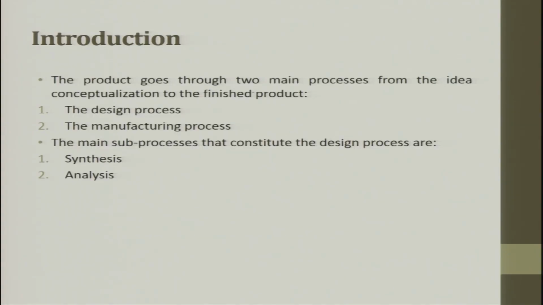The product goes through two main processes, from idea conceptualization to the finished product: the design process and the manufacturing process. The main sub-processes that constitute the design process are synthesizing and analyzing.